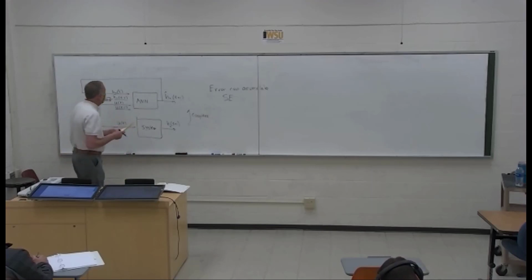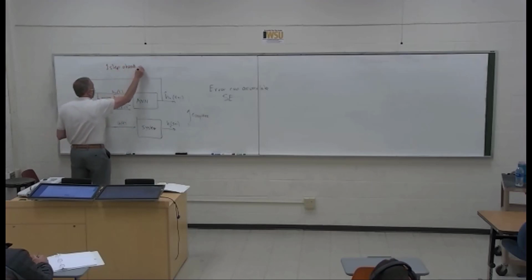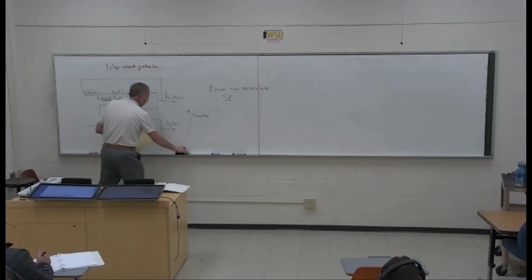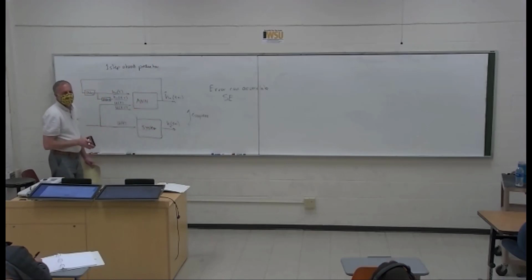And then the other way they can use it is what they call a one-step ahead predictor. And this would be assuming that you are running the system synchronously with your model. Every time step that the model goes forward one time step, the system actually runs ahead one time step and you measure off the system.